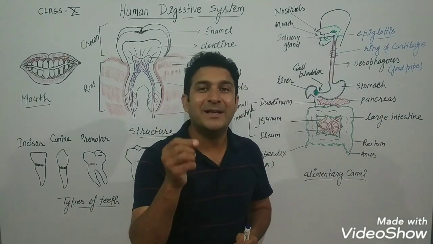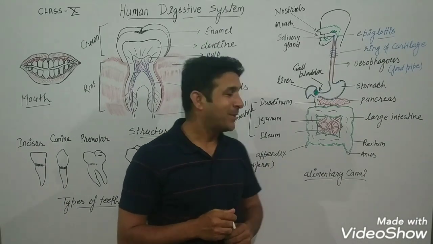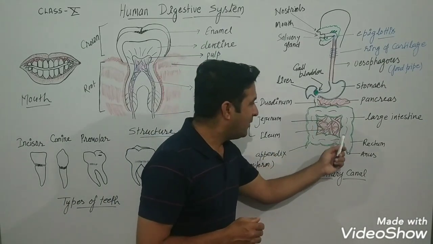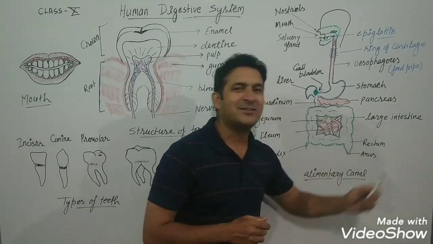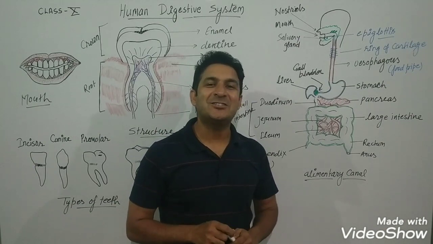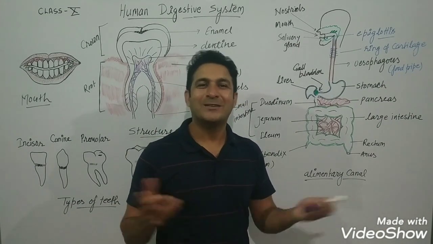It is the longest part of our alimentary canal. Okay, then here you can see in a green structure, this large area is called the large intestine. The large intestine has a length of 1.5 meters. What is this wonder?